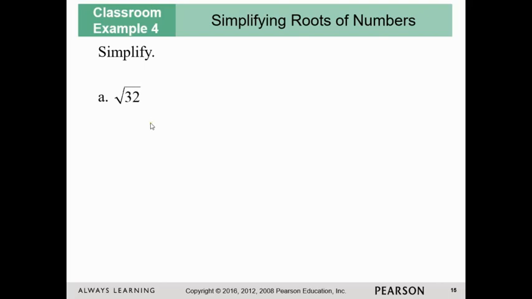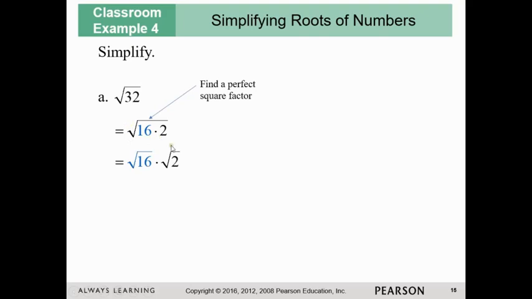Now, if you think about it, we can make this into 16 times 2. And 16 is a perfect square, so we found the perfect square factor. So now we take the square root of 16 and move it outside.